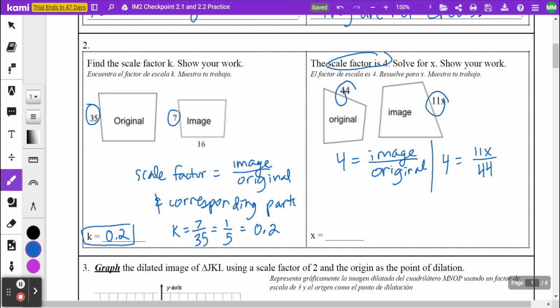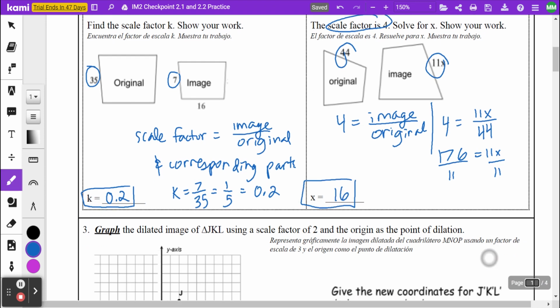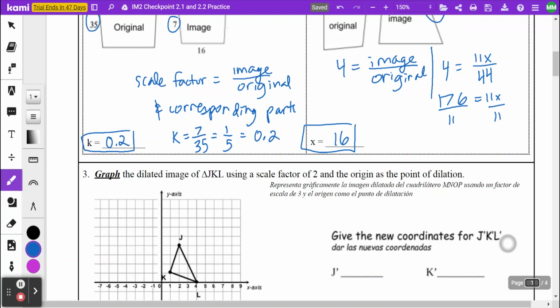Am I really multiplying 4 by 44? I guess so. Let's see what that equals. I'm going to use a calculator. So 176 equals 11x. I divide both sides by 11, and I get x equals 16. Next problem.